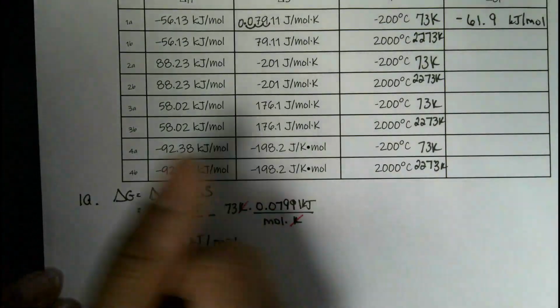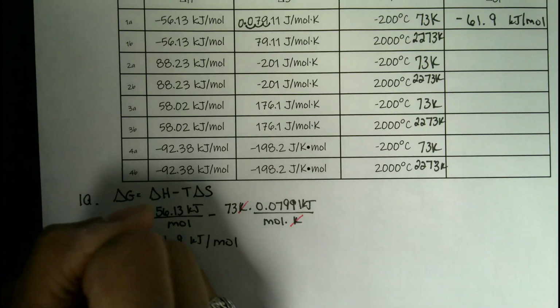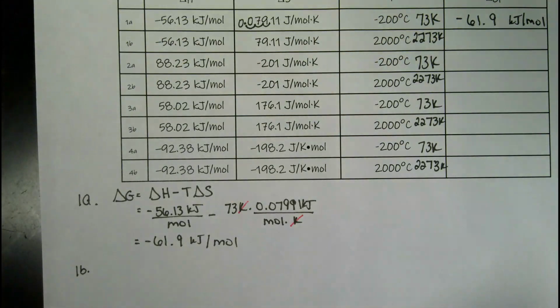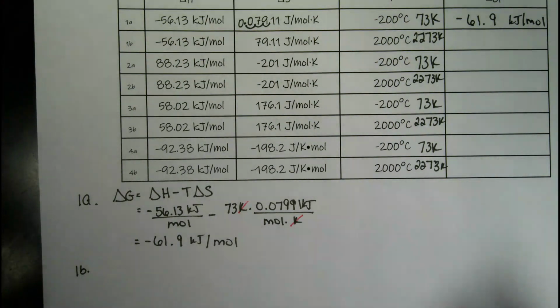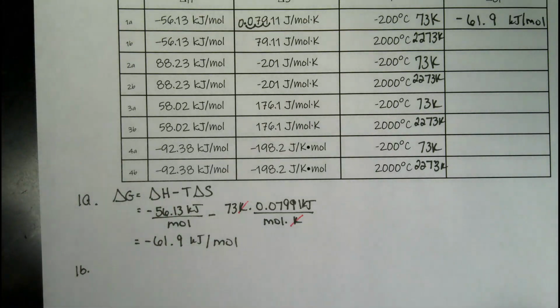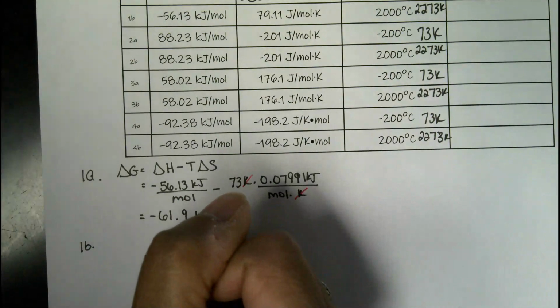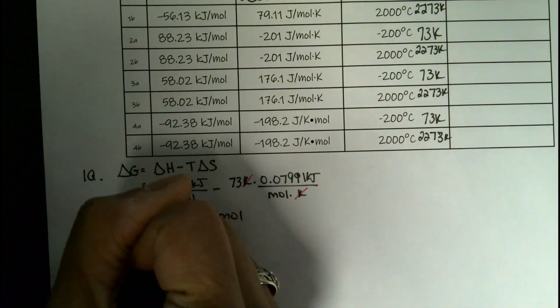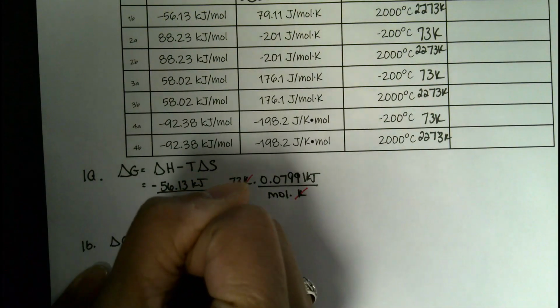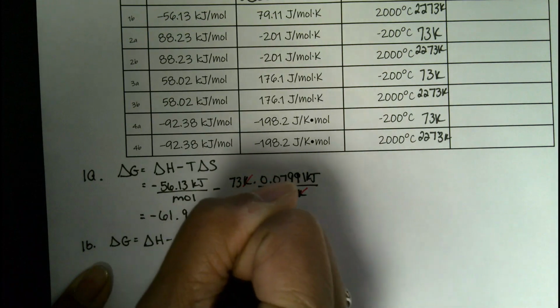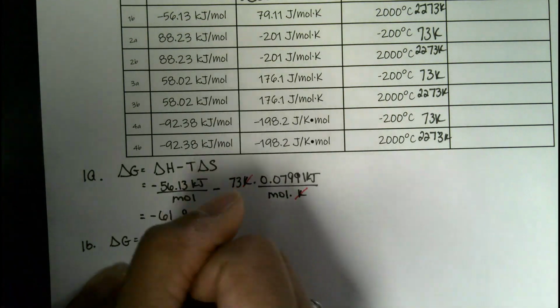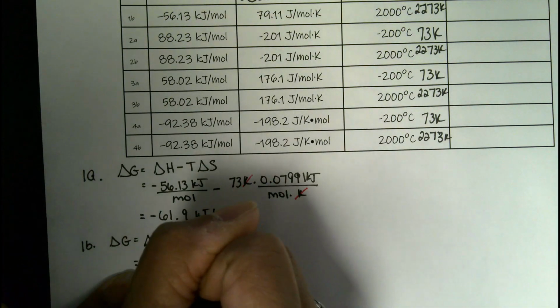All right. I would recommend that you go ahead and do all of these on your own just to double check them to make sure that you are set. I'm going to do one more with you guys, and then I will fill in numbers for you. But again, make sure you know how to do the math on this. Math is not difficult whatsoever, but we want to make sure that we do not accidentally mess this up.